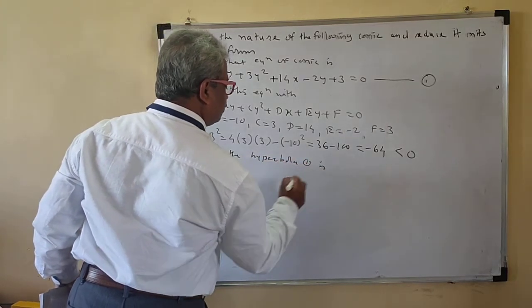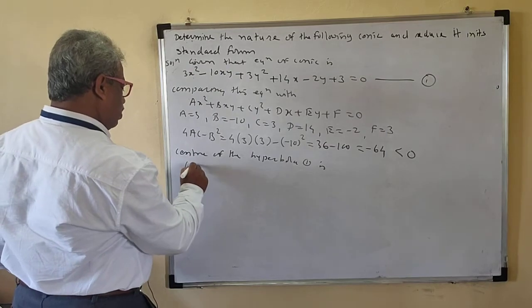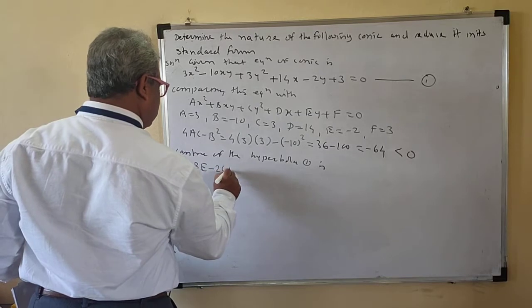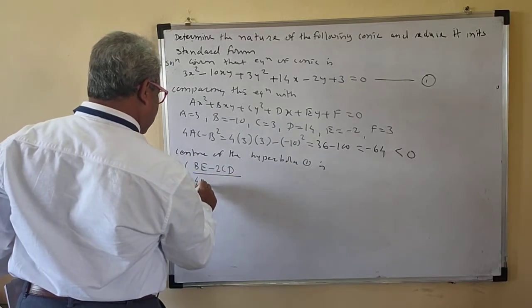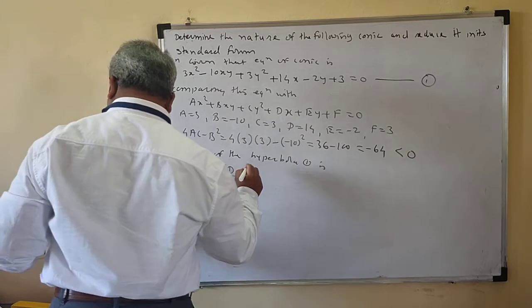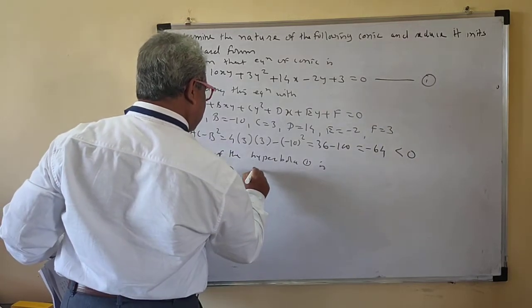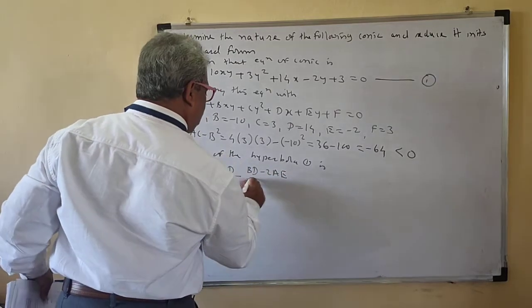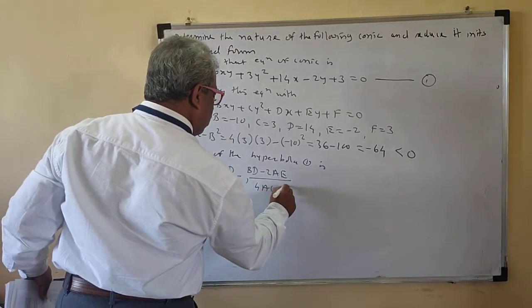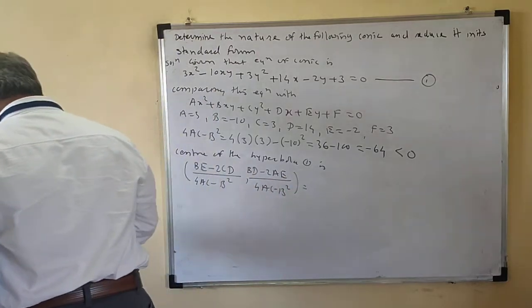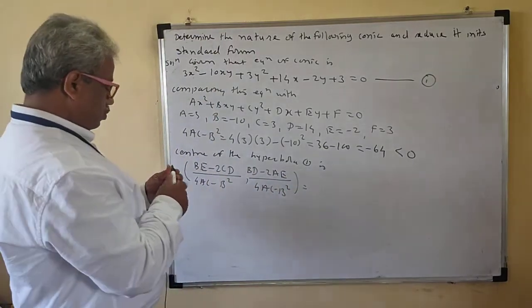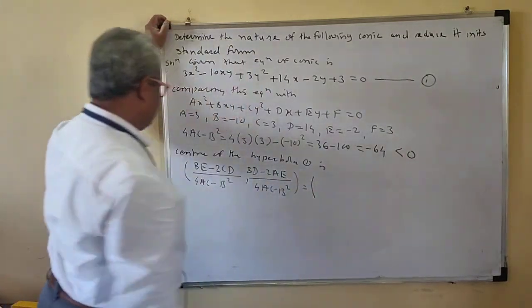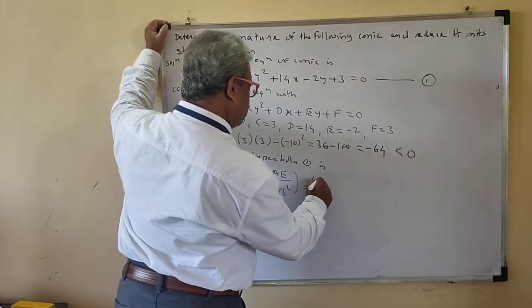The center is, we'll write this way: BE minus 2CD upon 4AC minus B square, BD minus twice AE upon 4AC minus B square. We'll write the values.